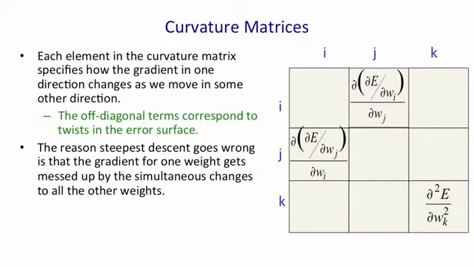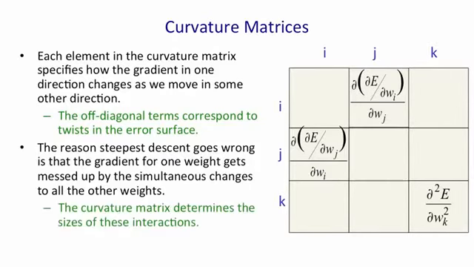And that means when I update it, I may actually make things worse. The gradient may have actually reversed sign due to the changes in all the other weights. And so as we get more and more weights, we need to be more and more cautious about changing each one of them, because the simultaneous changes in all the other weights can change the gradient of a weight. The curvature matrix determines the size of those interactions.